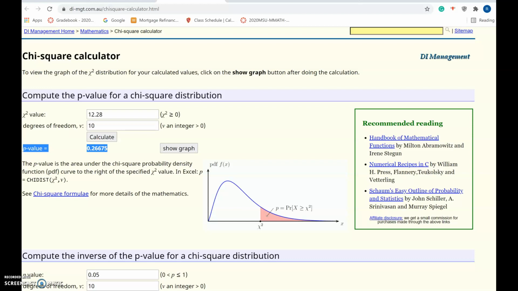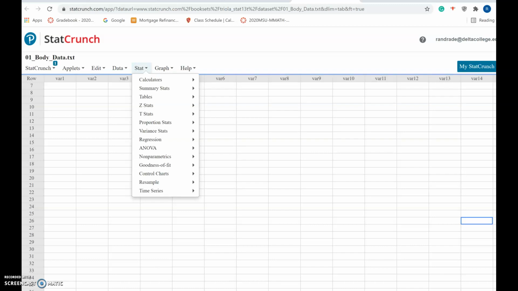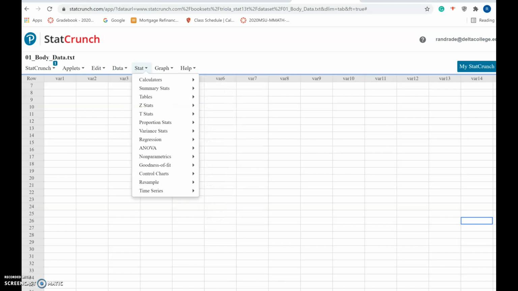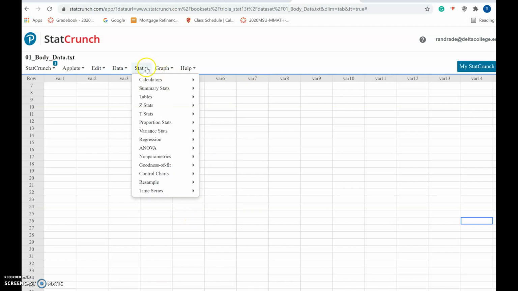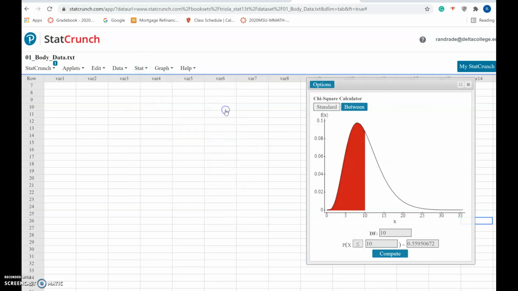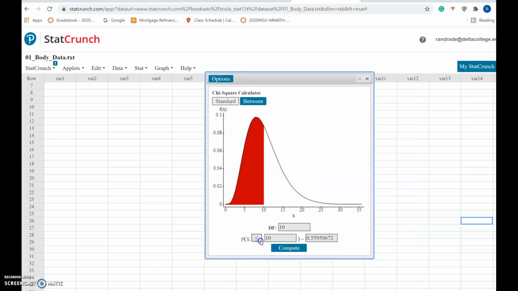Let me open up a StatCrunch file. So you're just going to go to stats, then calculator. So stats calculator, and then the chi-square distribution, and the area that we're running is above.